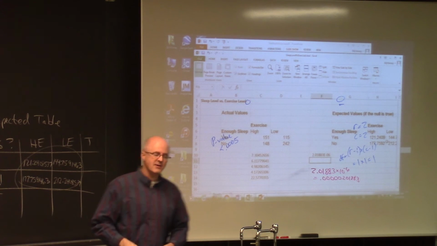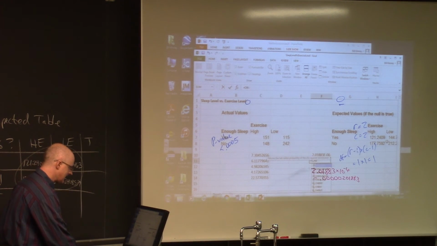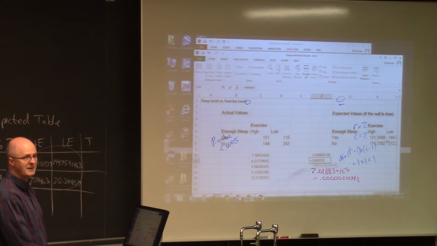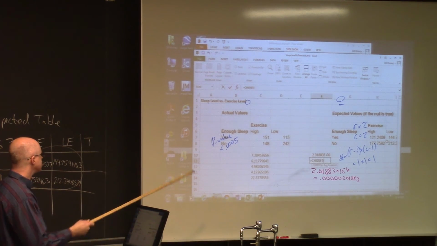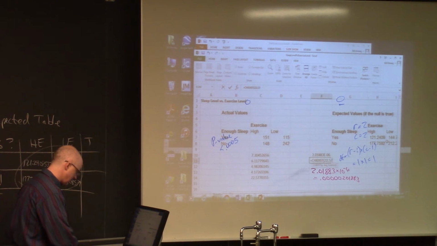Once you've got the value of chi-square, you can use the other one as well. I forgot. Okay, CHIDIST. Type in the chi-square value that we got. What was it? 22.577. Type in the degrees of freedom, which was 1.